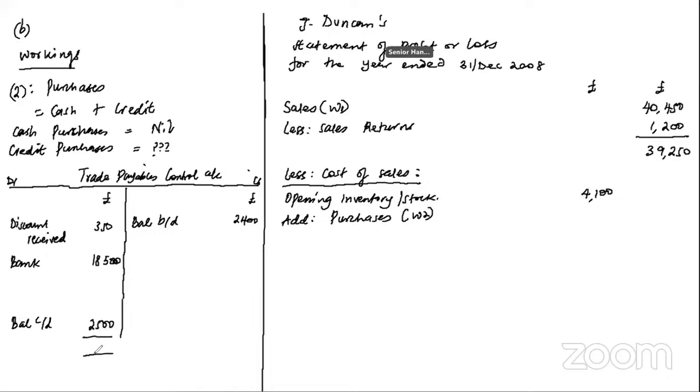So when we balance off this account, of course, we have to come up with our credit purchases. Now, of course, the debit side is always expected to be bigger.